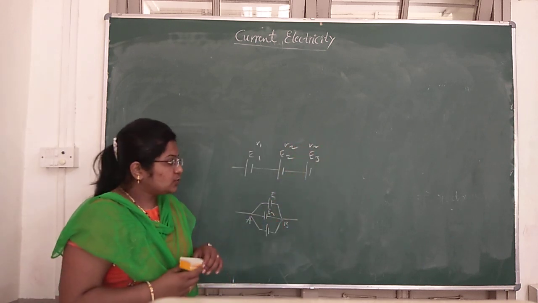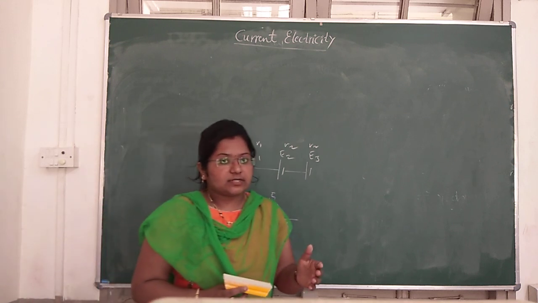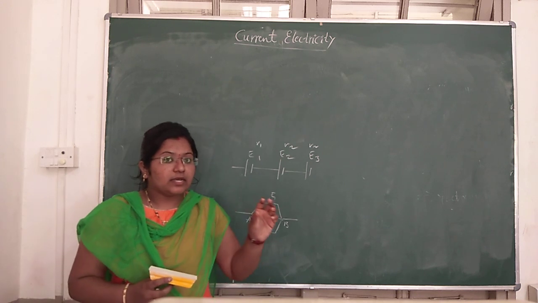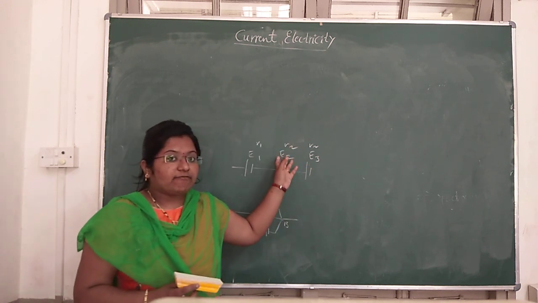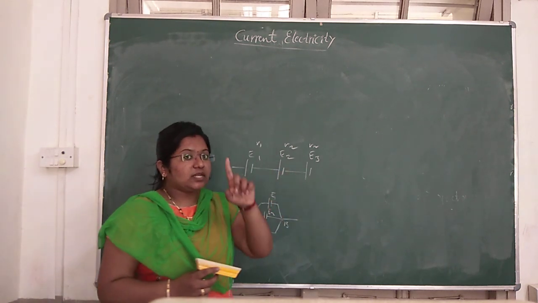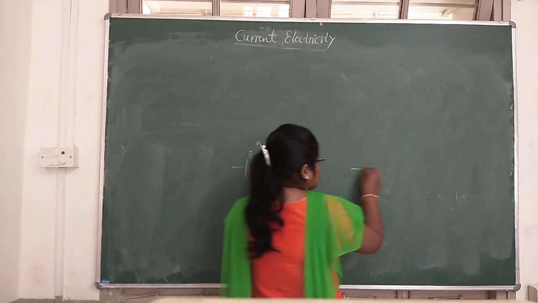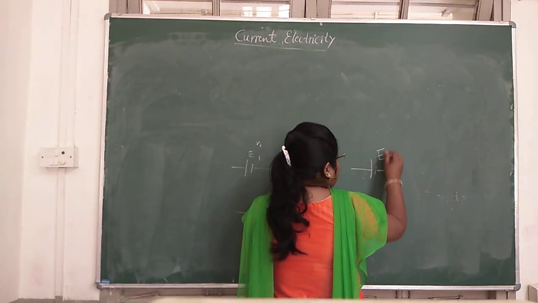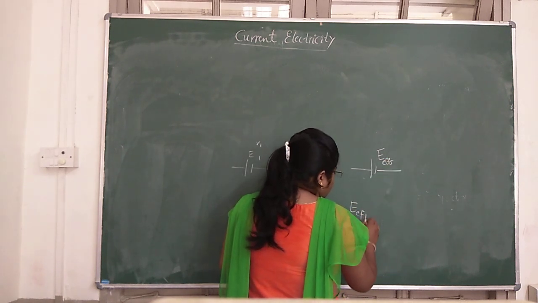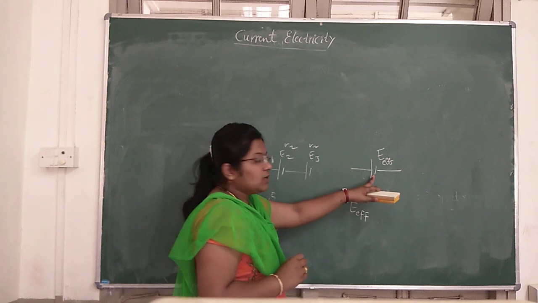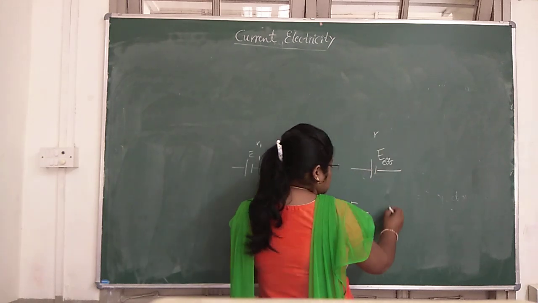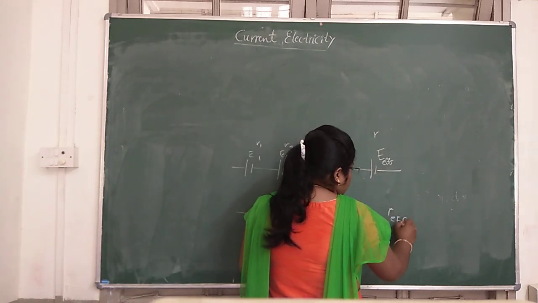As from the concept of resistors, we are thinking about effective resistance, effective internal resistance or effective EMF. That means instead of the combination we can use a single cell, which will have an effective EMF, E effective, and this effective cell can also have an effective internal resistance, R effective.